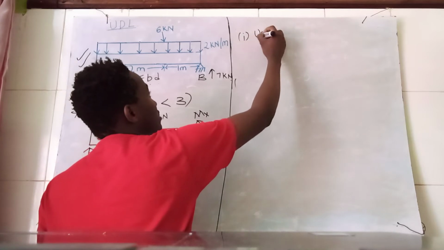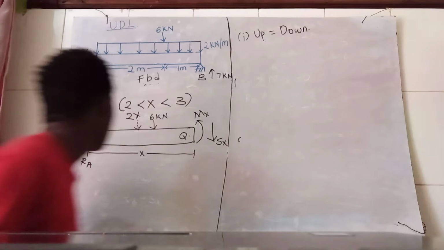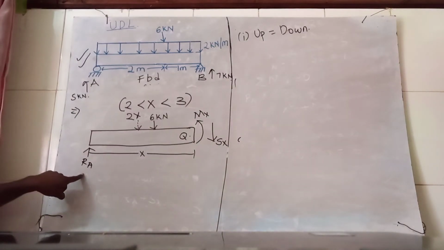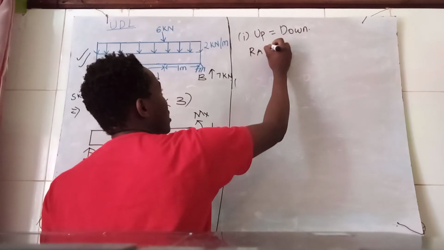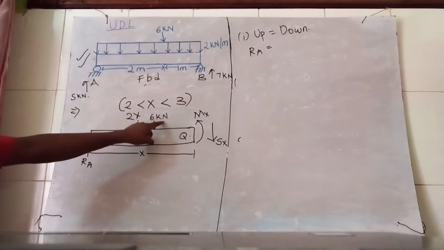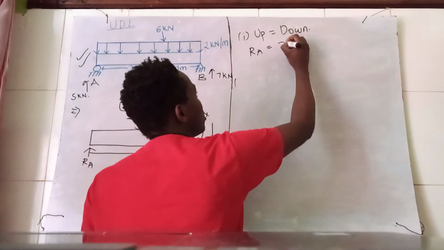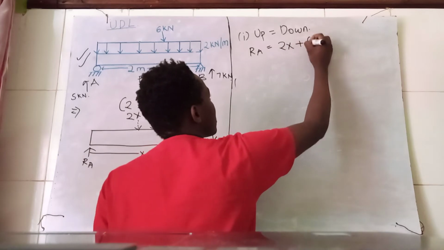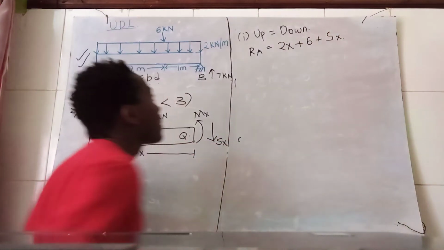So with that, upward forces equal downward forces. Upward forces, we have RA. So RA equals downward forces: 2x, 6, and the shear force Sx. 2x plus 6 plus Sx.